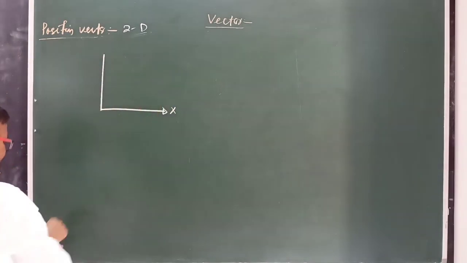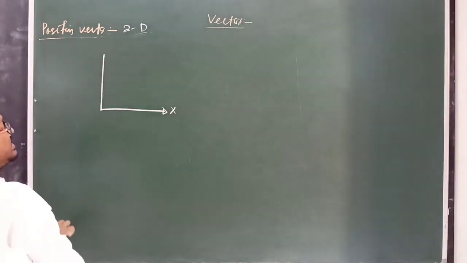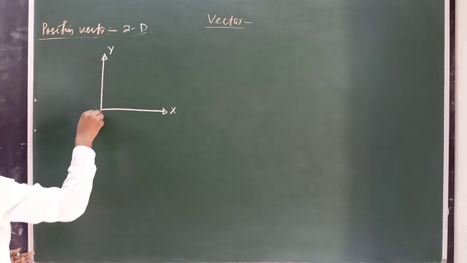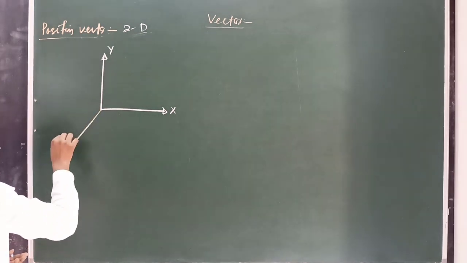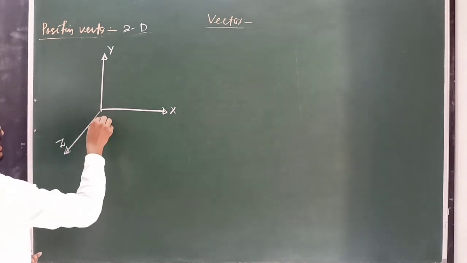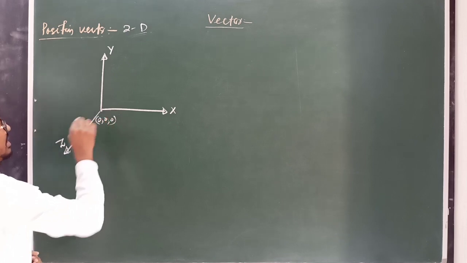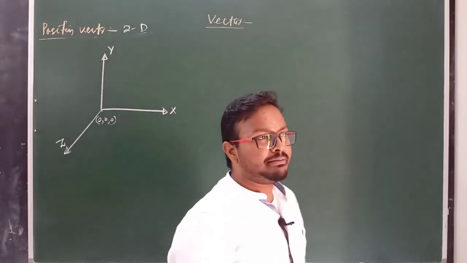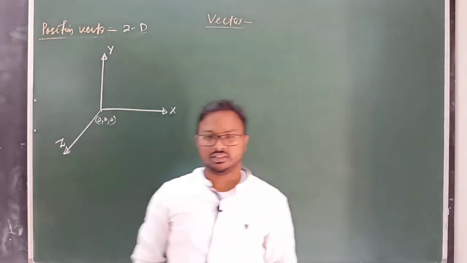X axis, and this axis is y, and z axis. This is the origin 0 0 0, and in the three-dimensional case all three axes are mutually perpendicular to each other.